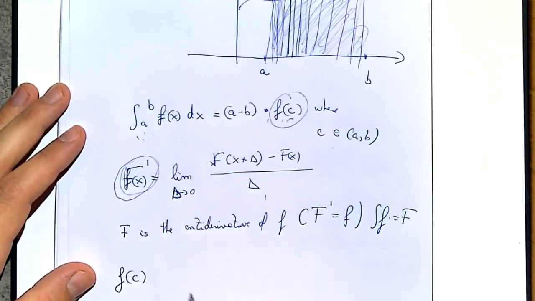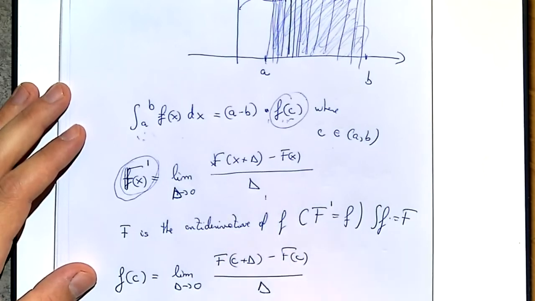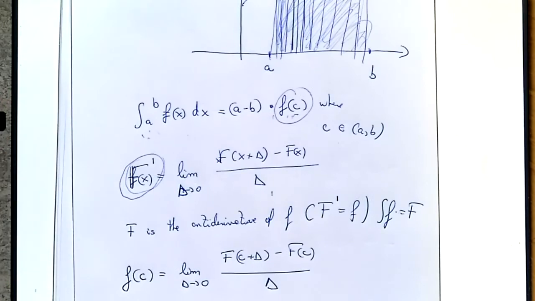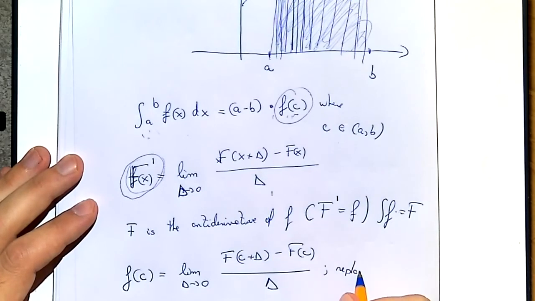F of c is equal to this limit when delta goes to 0, big F of c plus delta minus F of c over delta, okay? And now let's just replace this delta with an a minus b.